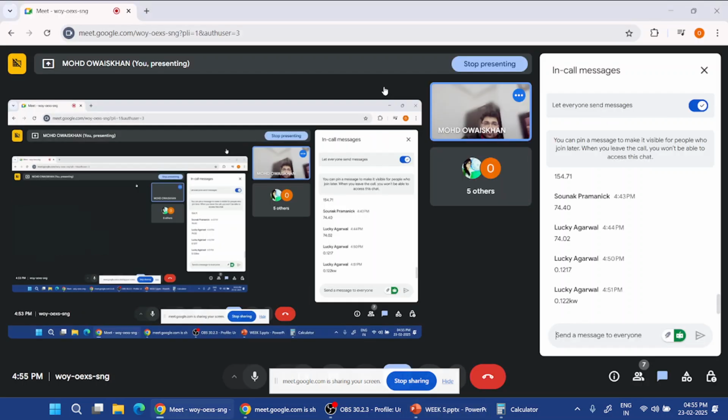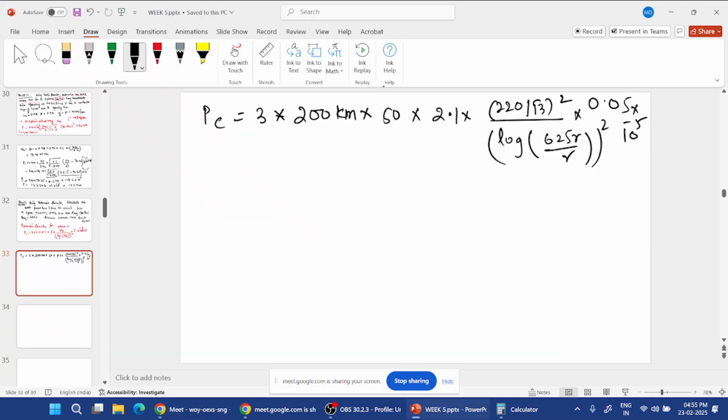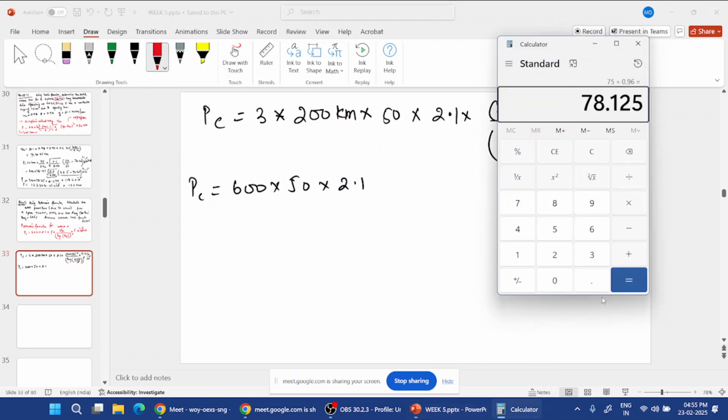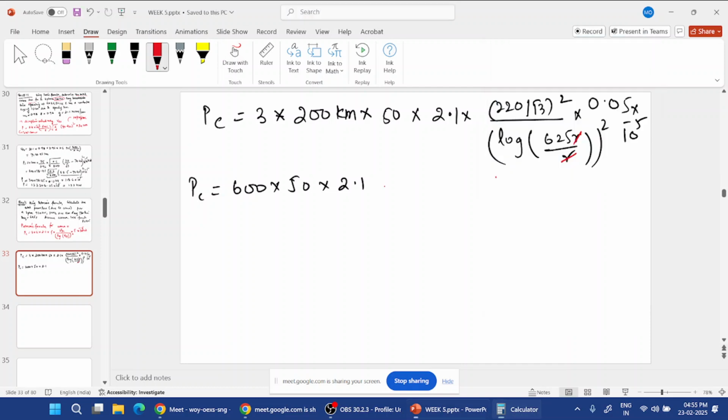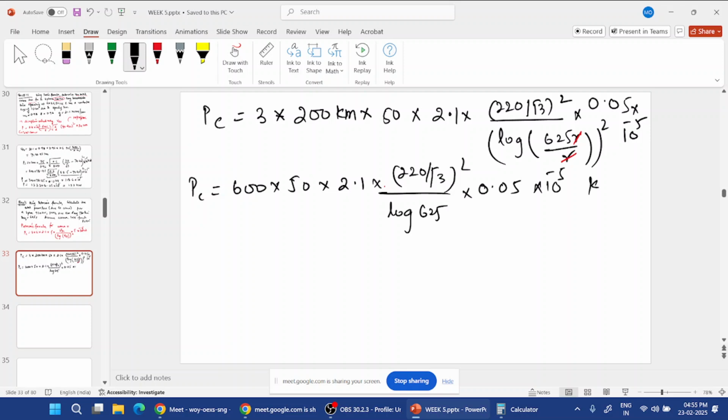Okay, so PC is equal to 600 into 50 into 2.1. Here R will cancel out, and log 625 will be how much? We have to calculate, and into 220 by root 3 whole square over log 625 into 0.05 into 10 raised to the power minus 5 kilowatt.